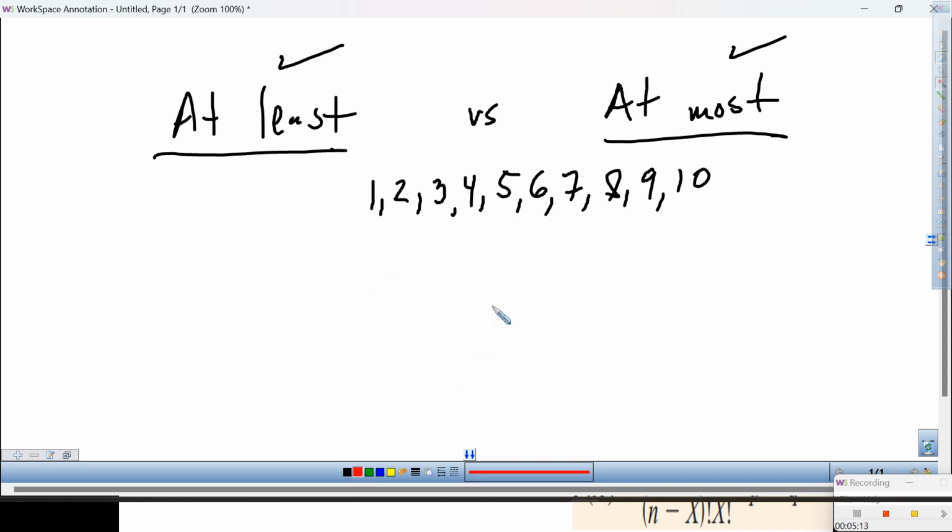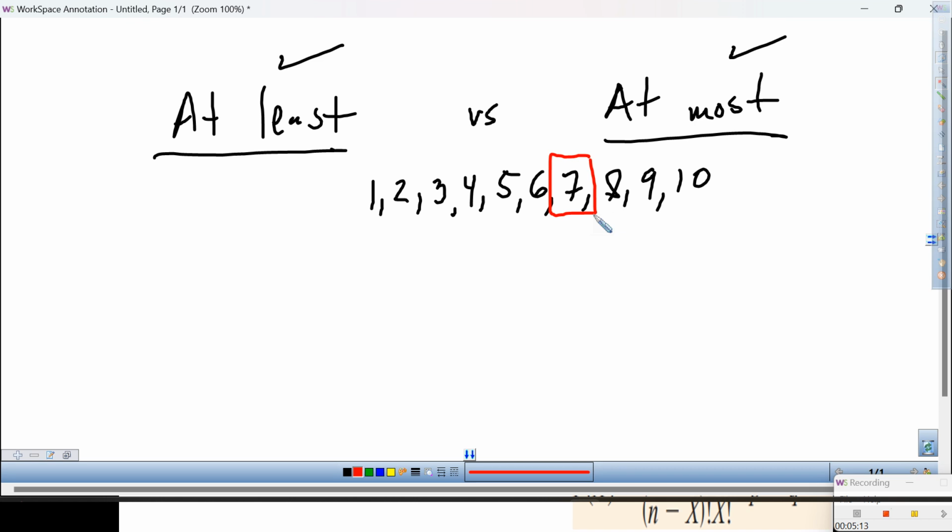Just for the sake of talk, I'm going to use the number 7. What does at least 7 mean versus at most 7? Looks like Chelsea's got it.